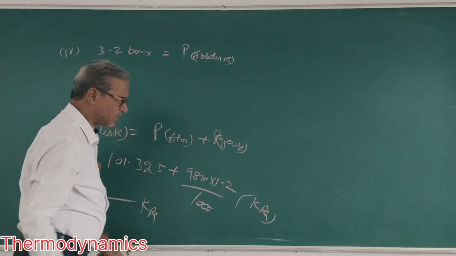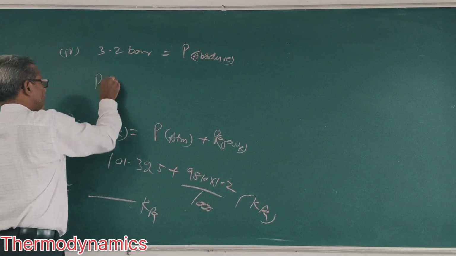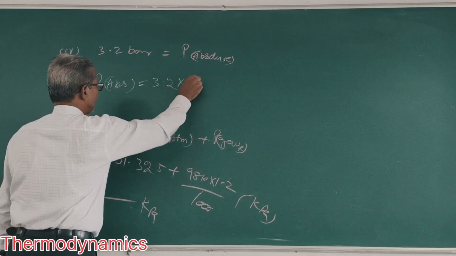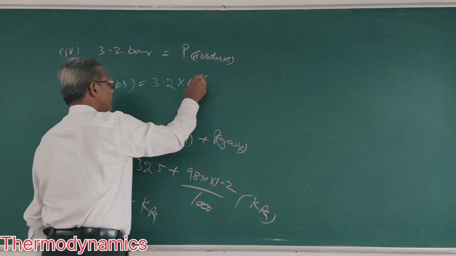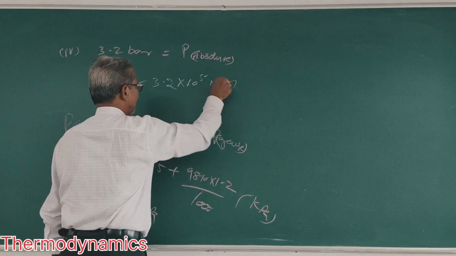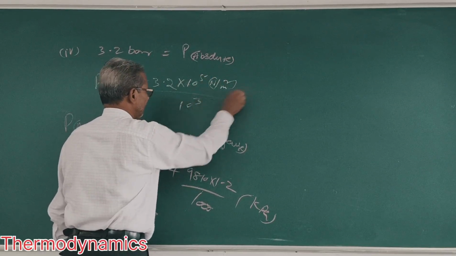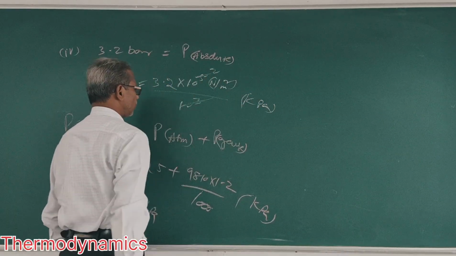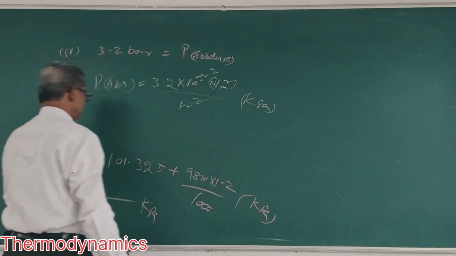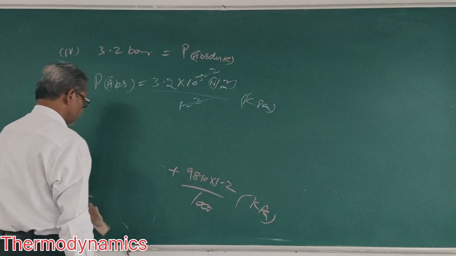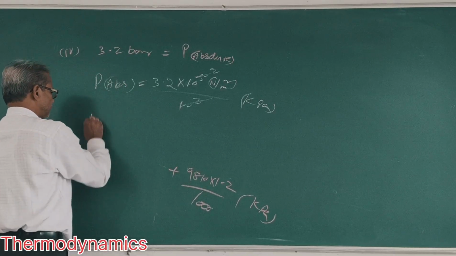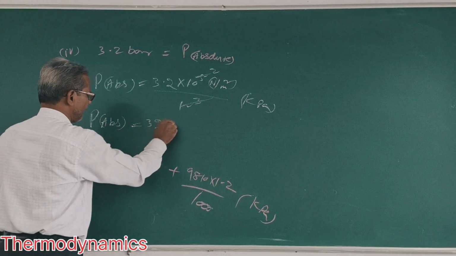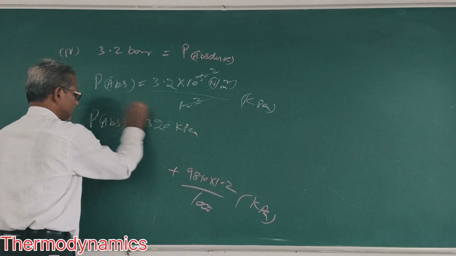P absolute is equal to 3.2 bar into 10 to the power 5 Newton per meter square. Clear? By 1000, the answer is in kilopascal. These two cancel. So what is P absolute? 320 kilopascal. This is the answer.